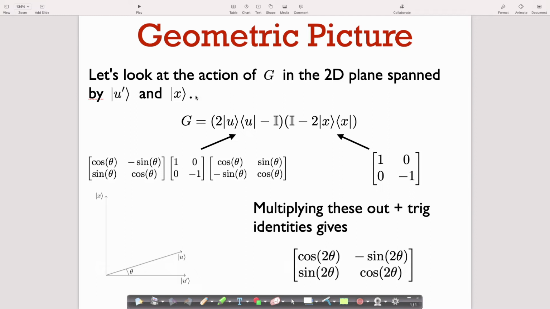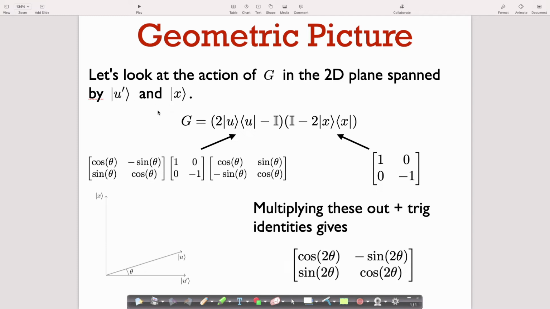So again, a really nice thing about analyzing Grover's algorithm is that we can just think about everything in this 2-dimensional plane. Okay, so I can actually represent the action of G in this 2-dimensional plane as just a 2 by 2 matrix. Okay, so again, my basis vectors in this 2-dimensional plane are u prime and x.